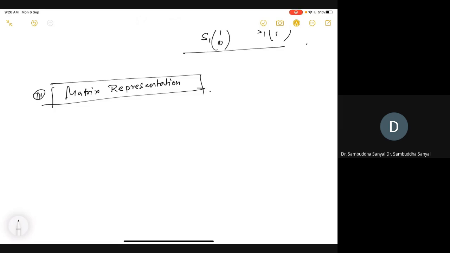So what is the representation? So far, all the definitions we gave were in terms of abstract vectors, some ket, some operator. Then of course the examples we talked about were sometimes matrices, sometimes functions, sometimes other things.